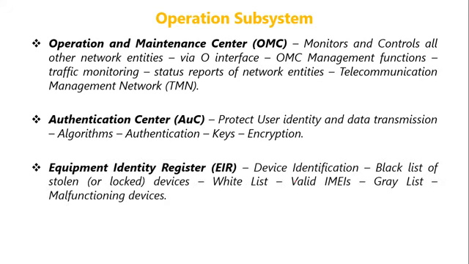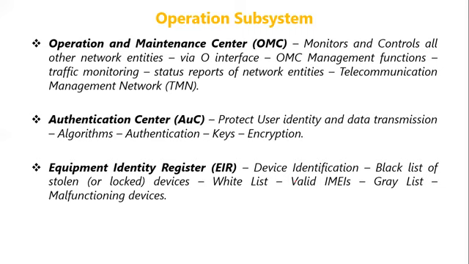Basically, the EIR, or Equipment Identity Register, is a database of all IMEIs. IMEI refers to the mobile device, that is, International Mobile Equipment Identity. So it is basically a database of all mobile devices, storing all device identification details.